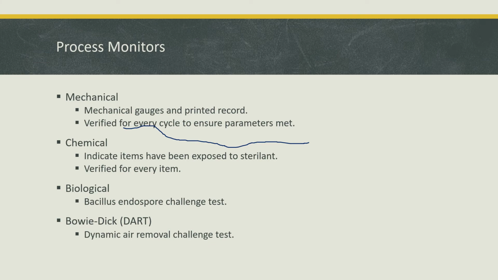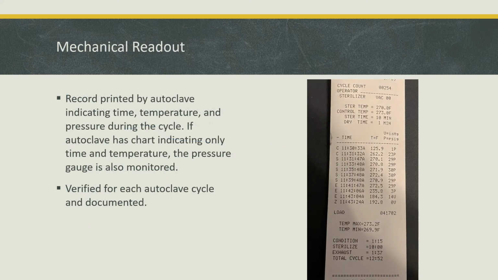And then the Bowie-Dick test, or dynamic air removal test, is another type of challenge test. This one challenges pre-vac cycles to make sure that it is removing the air sufficiently on a pre-vac cycle. So let's look at each one just a little bit more.